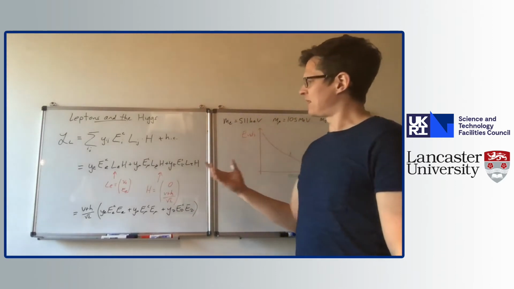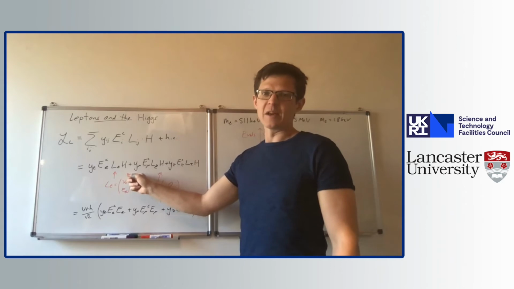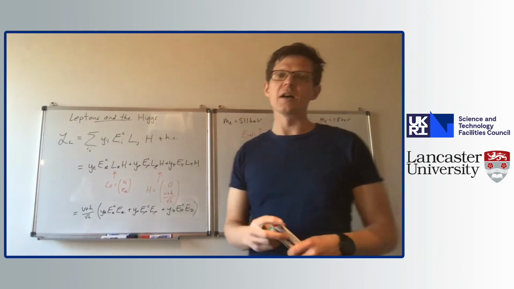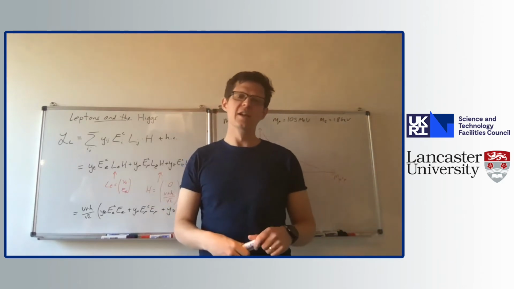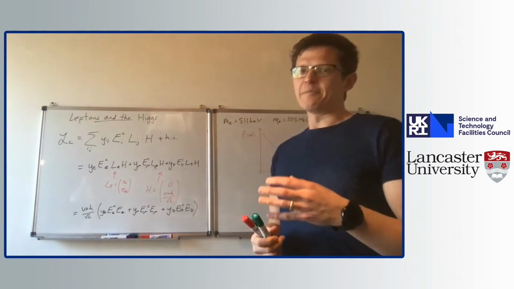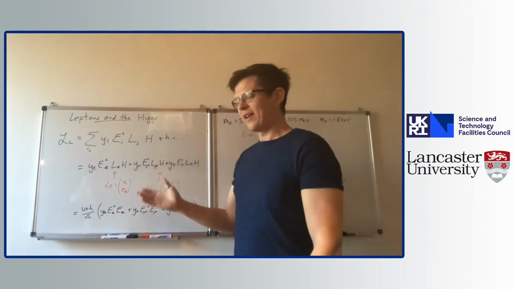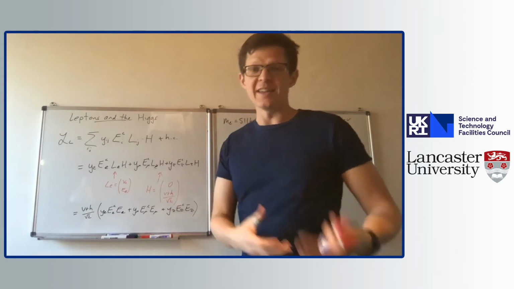What excites me about it is that this Yukawa interaction here is something like 10 to the minus 3. This is an extremely small, extremely weak interaction. And so just at a very basic level, I find it very, very exciting that one could potentially probe such small couplings in the Higgs sector.